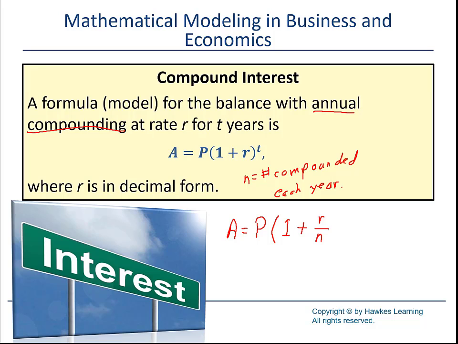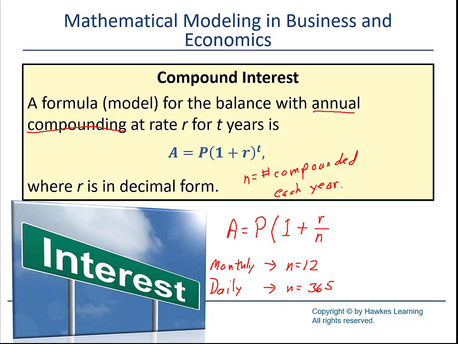Now, what does that mean? Well, suppose we're talking about compounding monthly. If you're compounding monthly, that means 12 times a year you're going to be doing the compounding. If it's compounded daily, that would mean your n would be 365, roughly.